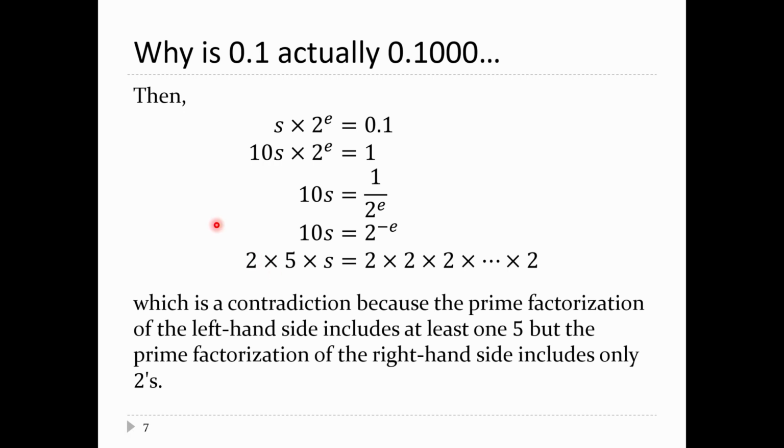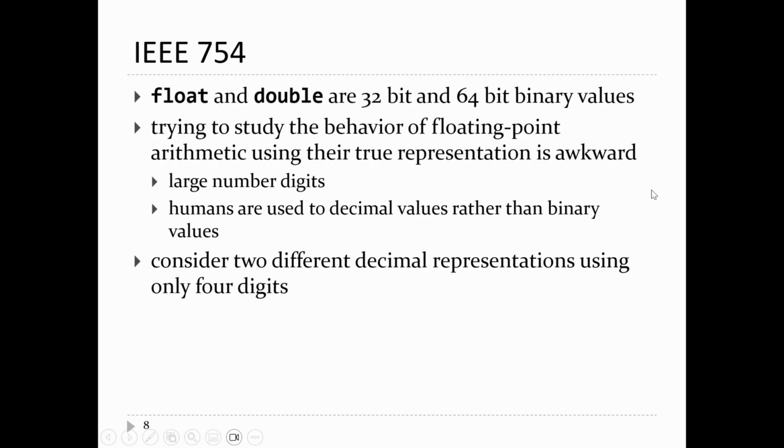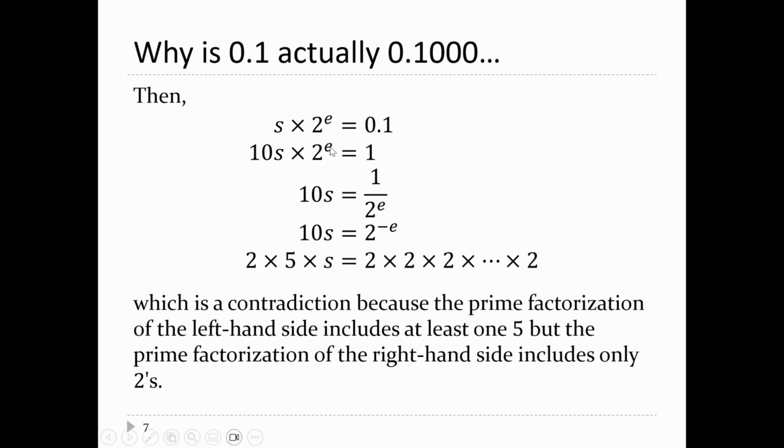Therefore, the prime factorization of the left-hand side cannot equal the prime factorization of the right-hand side. There's no way for me to write 5 as some product of 2s, and therefore it's a contradiction. You can't actually write down 0.1 in the form s times 2 to the e. Okay, that's a good place to stop.